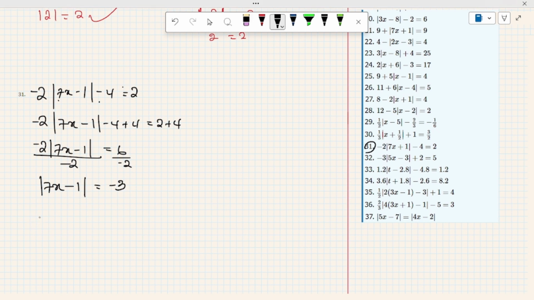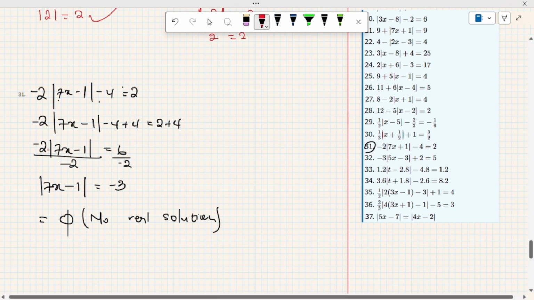So in the solution here, there's no real solution, so you can just say no real solution. Why am I saying no real solution? The reason is that the absolute value cannot be equal to a negative number.